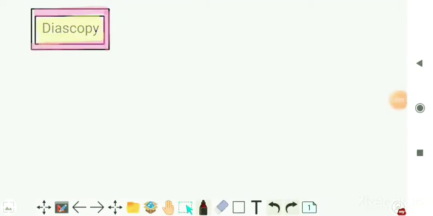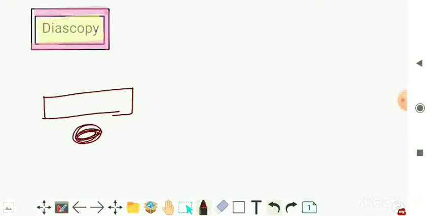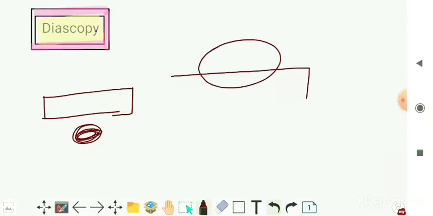Right, diascopy. Diascopy is a test which is generally used to differentiate vascular lesions like nevus anemicus from nevus achromicus. In diascopy, a glass slide is taken and this glass slide is pressed over a lesion. If you take normal skin and press it with a slide, this portion of the skin which is pressed by the slide will appear pale, which means this paleness is known as blanching.